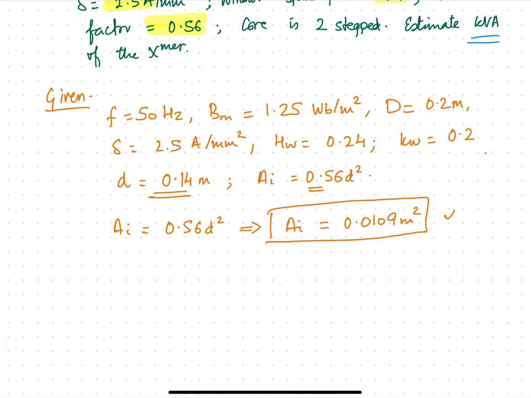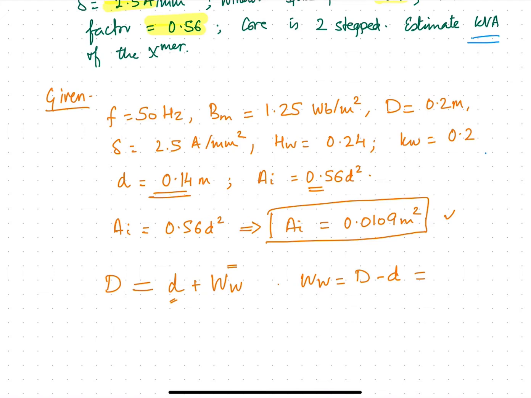Next, we know for a core type transformer, the distance between the core centers is given by the diameter of the circumscribing circle plus the width of the window. So the width of the window can be calculated as this.